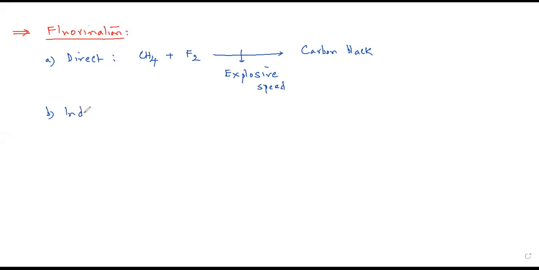Then the second one is indirect fluorination. Now in this, fluorine, which is most reactive among the halogens, is diluted with nitrogen gas so that it becomes less reactive as compared to the original.